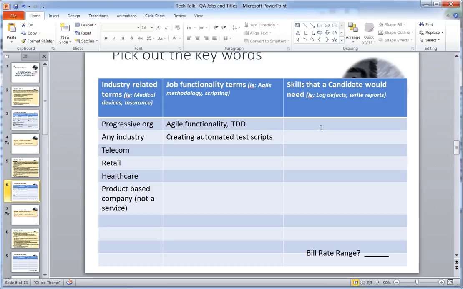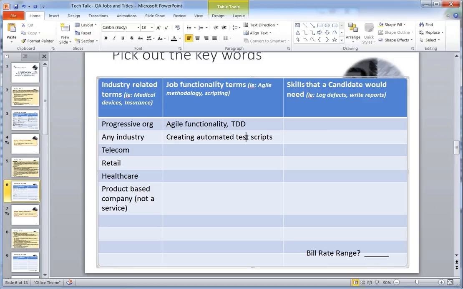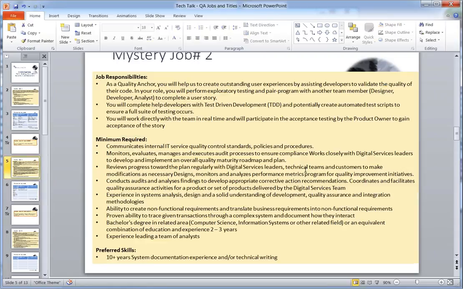If you say I create automated test scripts, it's assumed you are writing them for acceptance, or it could be non-acceptance. But you're basically writing test scripts. What they do with those test scripts is really up to the product and the company. The key functionality here is you're going to be writing these in an automated fashion versus manual. But certainly, acceptance testing is a result of what your test scripts will be used for.